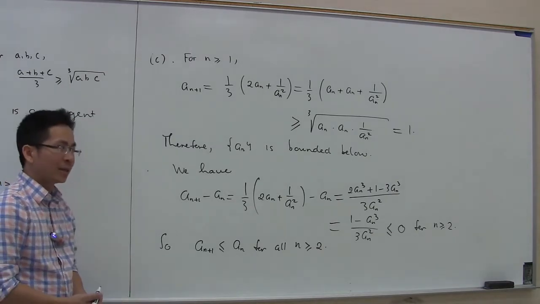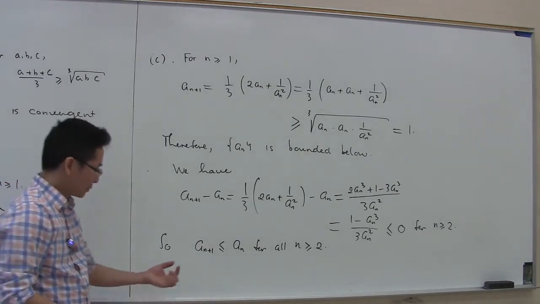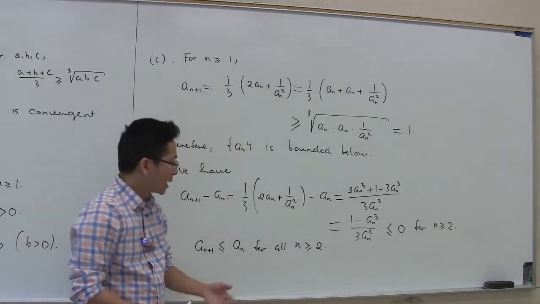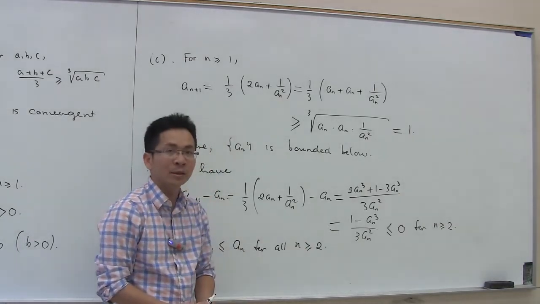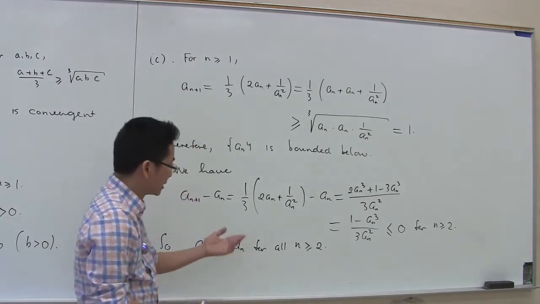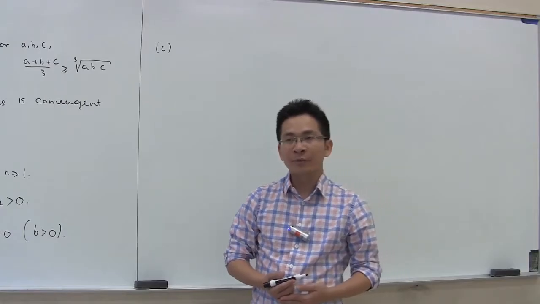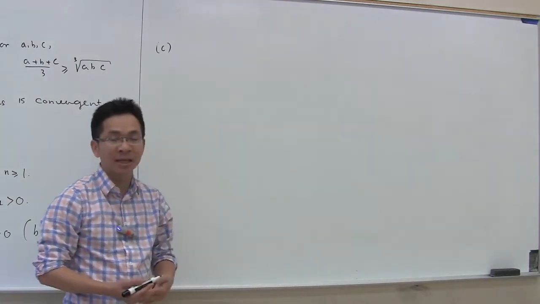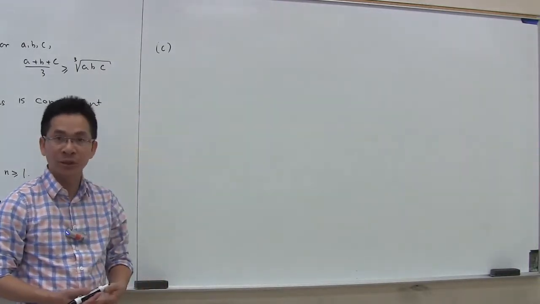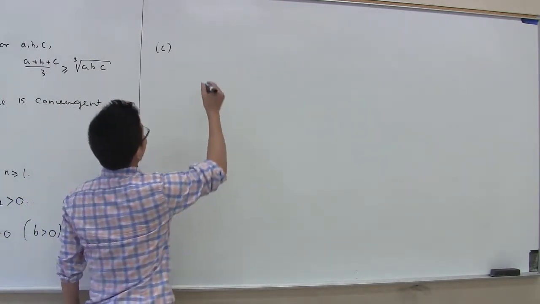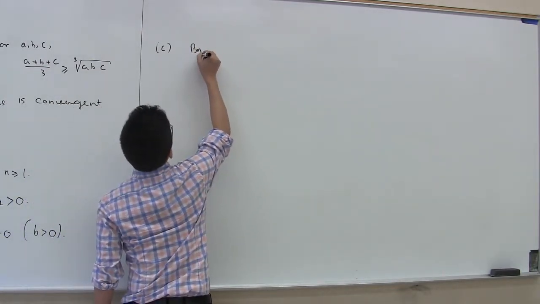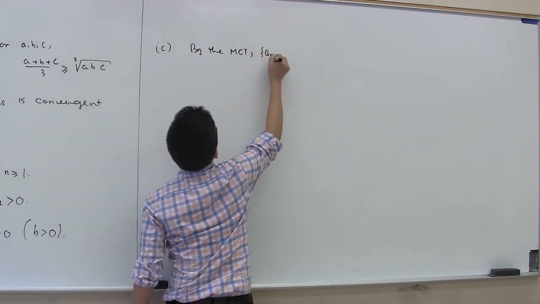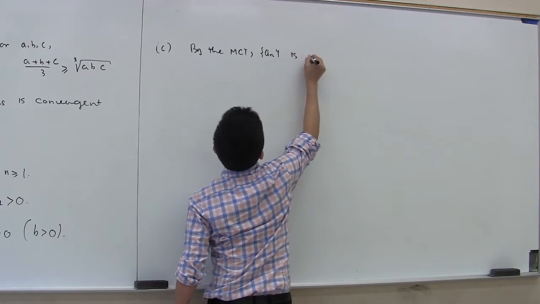Okay. Then we can apply the monotone convergence theorem. Observe that over here we only need to care about all n greater than or equal to some positive number n naught, and over here it is 2. Okay. We have proved that an is monotone decreasing and bounded below by 1 starting from the index n naught equals 2. So by the monotone convergence theorem, an is a convergent sequence.